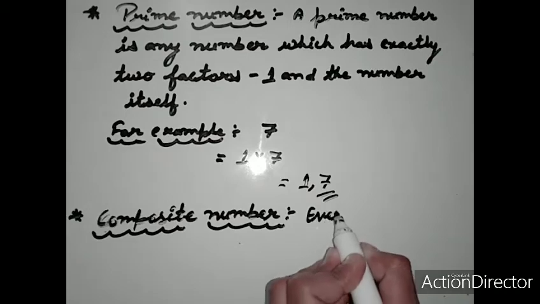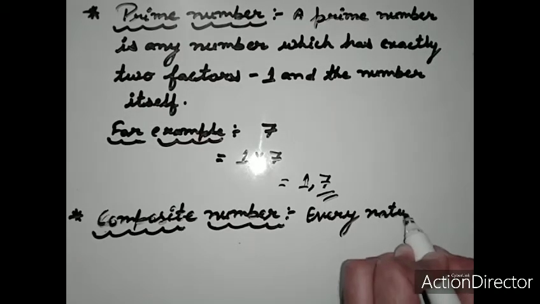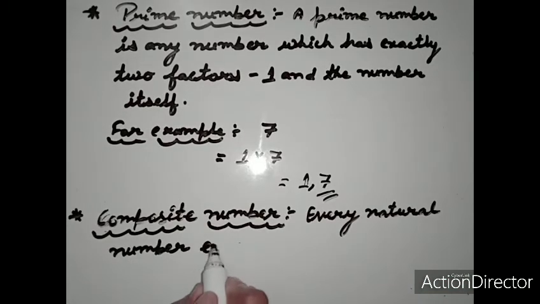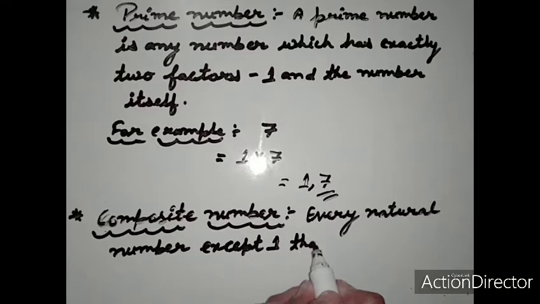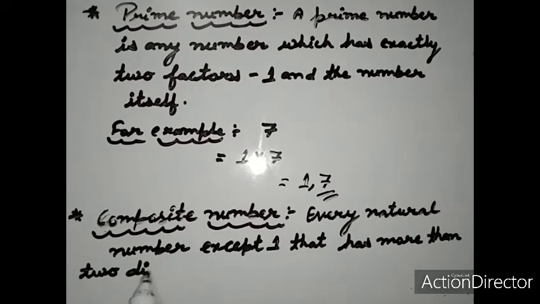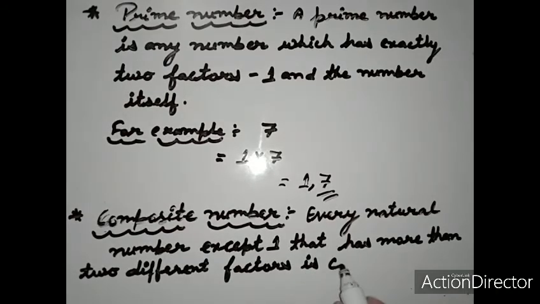Every natural number except 1 that has more than two different factors is called a composite number.